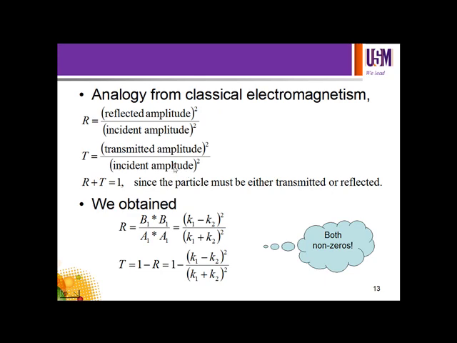There should be an R here. So in classical electromagnetism it depends on amplitude, and as a whole, R plus T should be equal to 1.